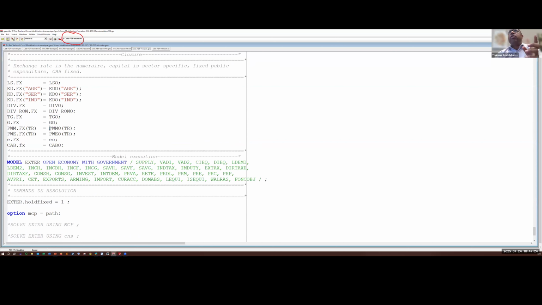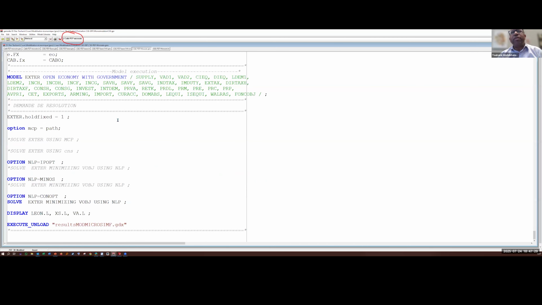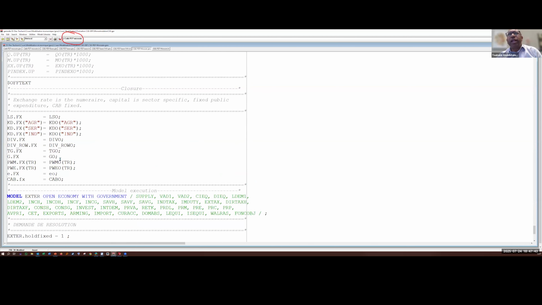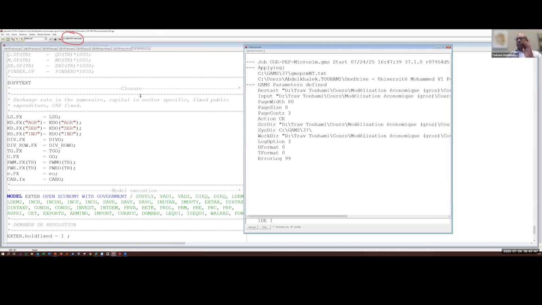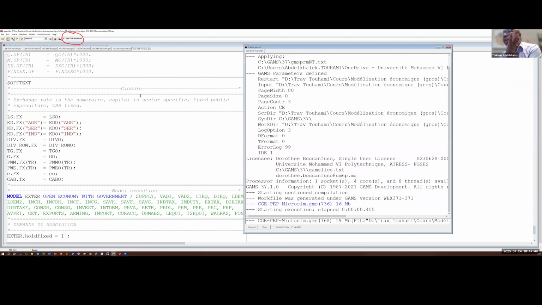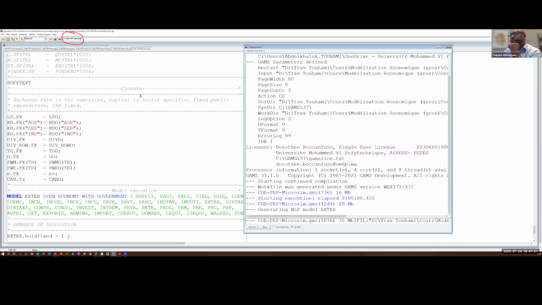Now, just to show you for the reference year, I will solve it. Look here, exclude in dollar. Here we have the situation in the reference. I put the situation here, okay? And I solve, there is no simulation. I solve my model for the reference situation.